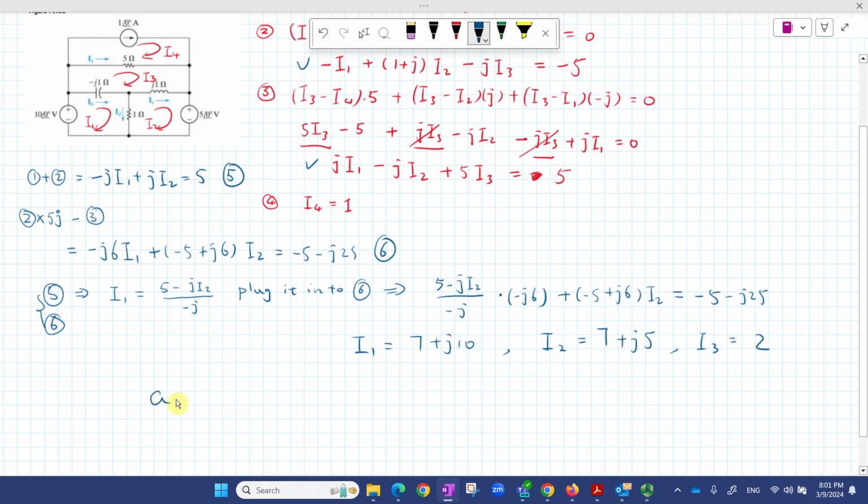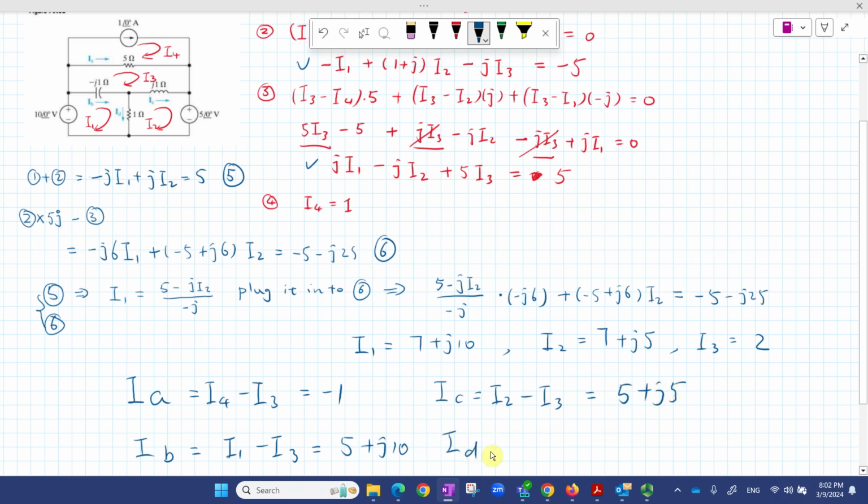You can find that IA equals I4 minus I3, that is negative 1. Then IB equals I1 minus I3, so we got I1, we got I3, that is 5 plus j10, and IC equals I2 minus I3 equals 5 plus j5, and ID equals I1 minus I2, which equals j5.